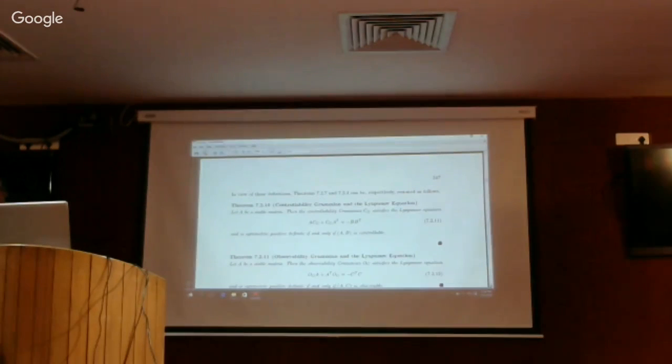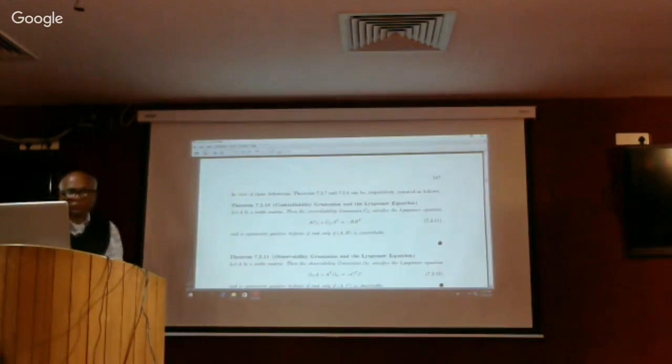And this solution CG is symmetric positive definite if and only if (A, B) is controllable. So this is a way to test the controllability of the pair (A, B) where A is a stable matrix. Okay. So you have to know how to solve the Lyapunov matrix equation. We'll talk about that later.